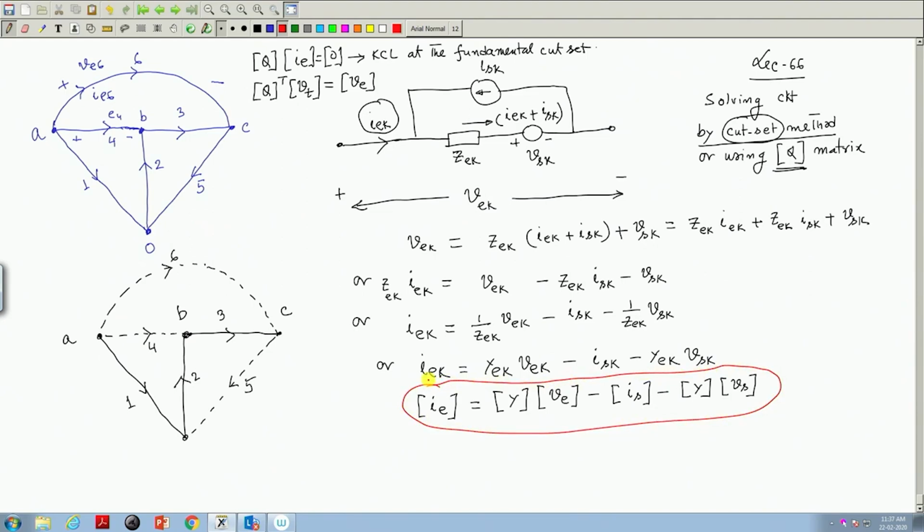Then what you do is this: you pre-multiply this equation with Q, both sides.